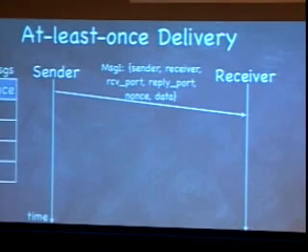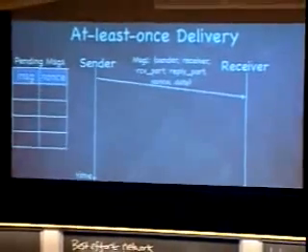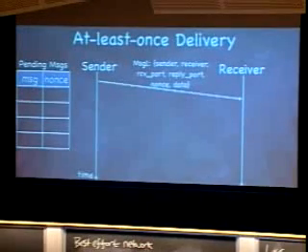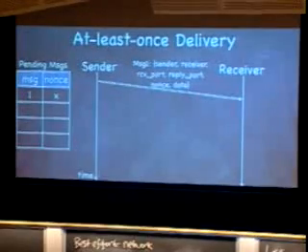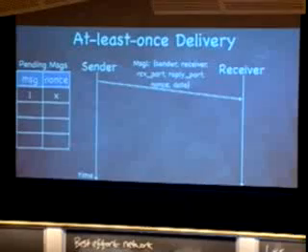Now, when it sends this message, the sender is going to keep a table of pending messages. So the sender is going to keep a list of all the messages that it hasn't yet heard acknowledged. For example, if the name of this message is 1 and the nonce for this message is X, it's going to add that information into its table.